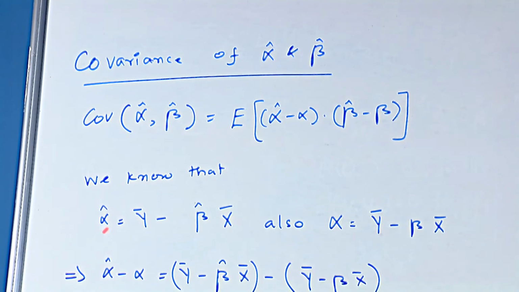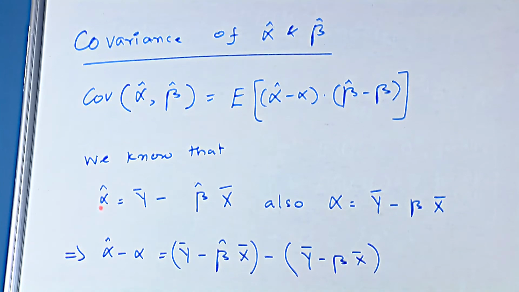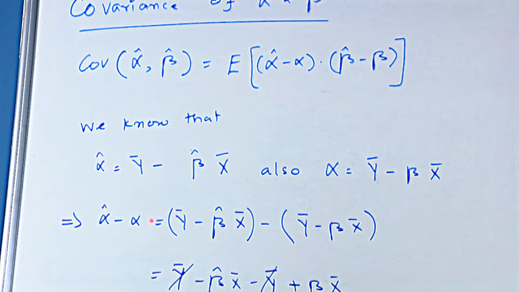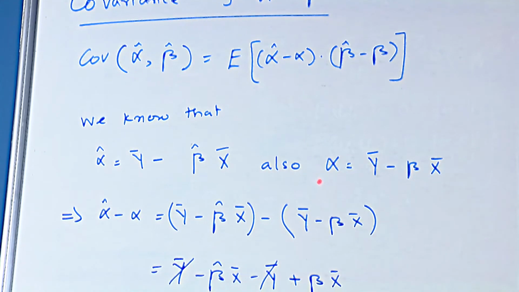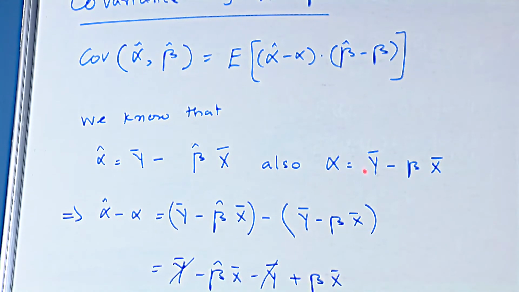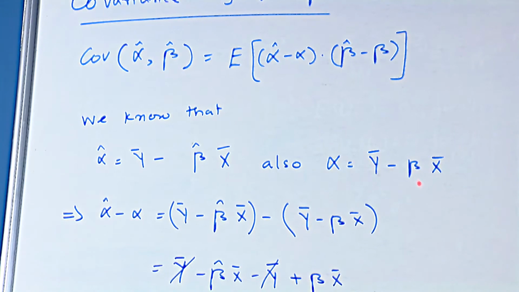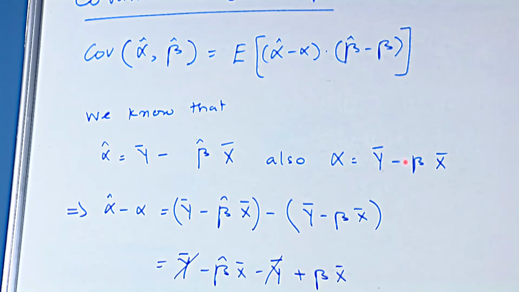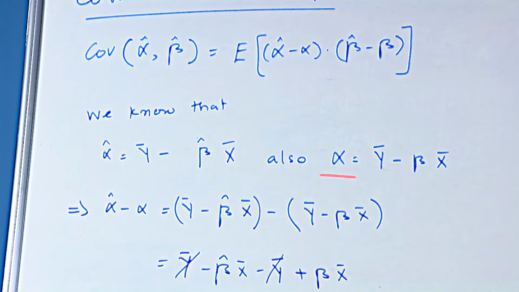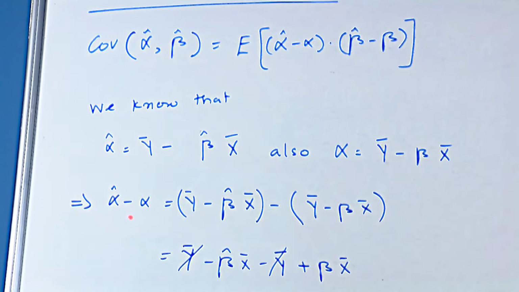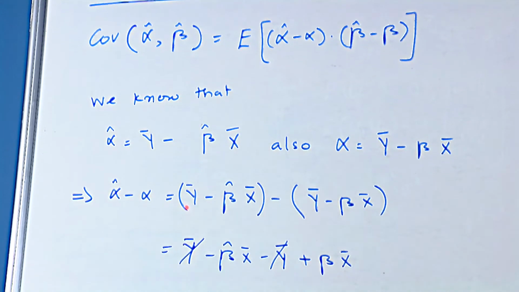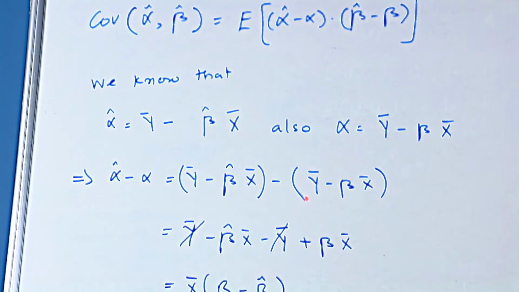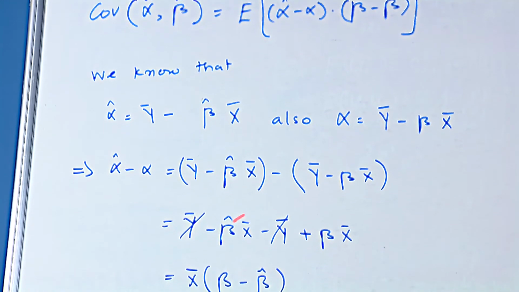We know that for the sample regression function, alpha hat is equal to y bar minus beta hat x bar. Also in the population regression function, alpha is equal to y bar minus beta x bar. And if we subtract these two expressions, we get alpha hat minus alpha is equal to y bar minus beta hat x bar minus y bar minus beta x bar.